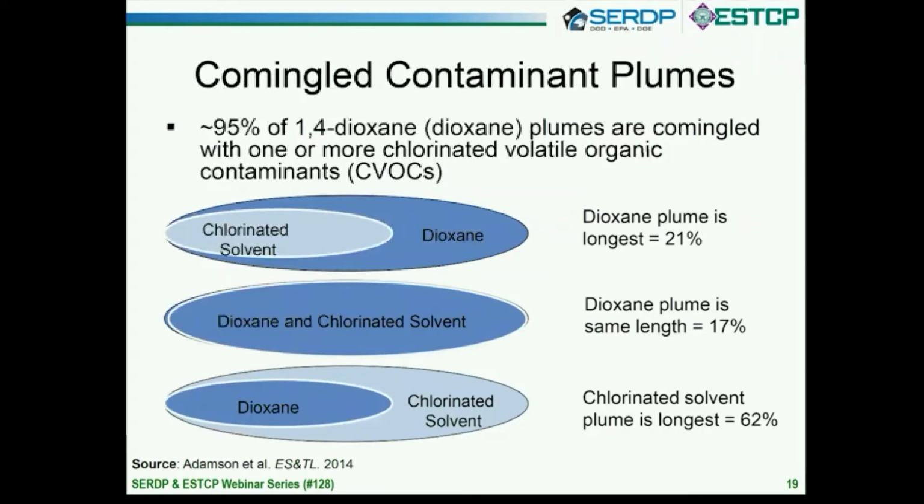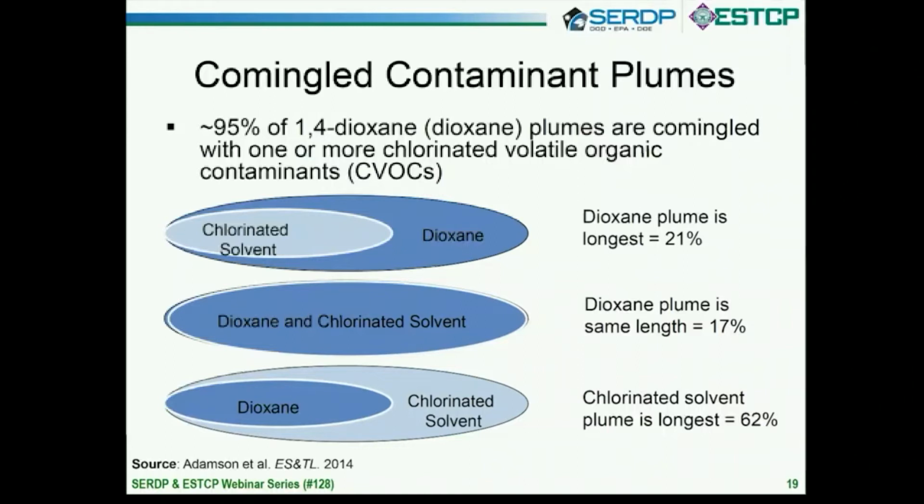Many of us know contaminant plumes are contaminated with mixtures of substances. In the case of chlorinated solvents, some of these solvents use dioxane as a solvent stabilizer. As a result, different solvents were used over time, with different stabilizers. What remains in the groundwater are plumes, which contain various zones of contaminant mixtures, different lengths and coverage.